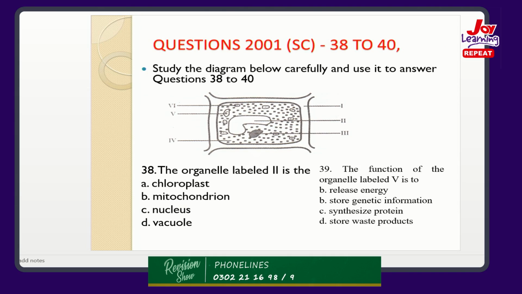Oh, okay. So those watching in the house, study the diagram below carefully and use it to answer questions 38 to 40. I wish we could give the entire labels around it to be easy for us to answer 38 to 39.